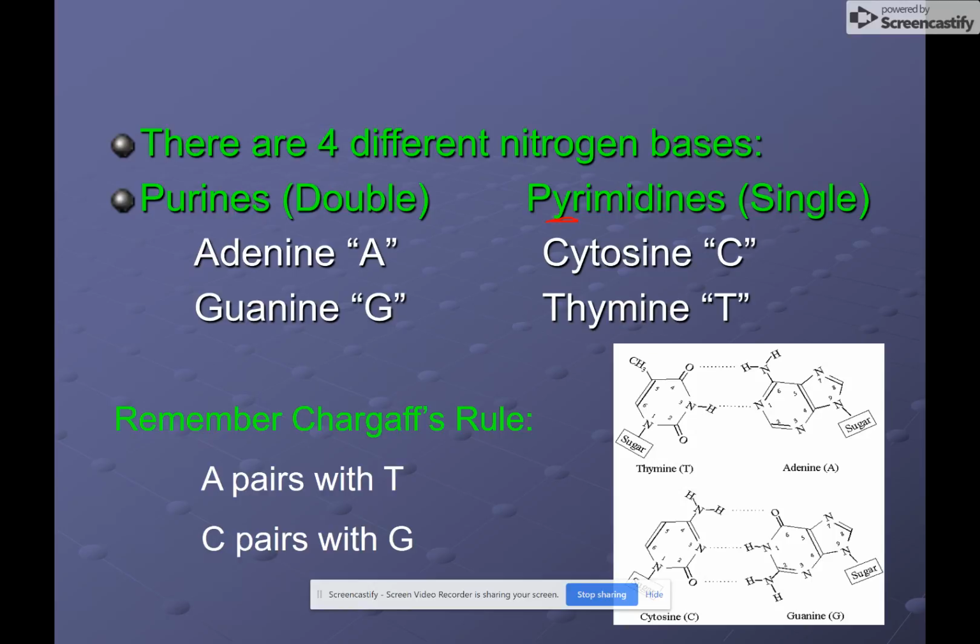And so pyrimidine has a Y in it, cytosine has a Y in it, and thymine has a Y in it. And if you remember back to the history, this all comes from Chargaff's rule. And Chargaff was able to discover that A pairs with T and C pairs with G.